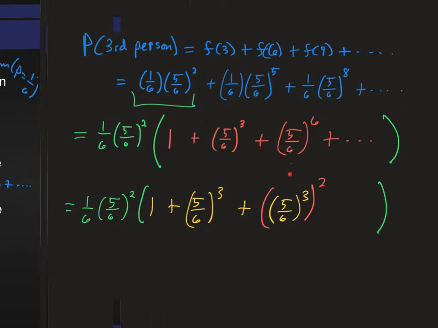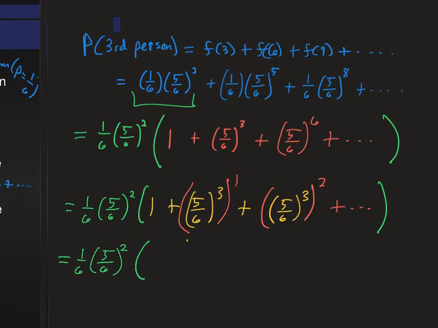The idea is writing this sixth power as a two-step process. First, you've got the 5 out of 6 cubed, and then you're squaring it. And what you'll see is that it's this 5 out of 6 cubed that increases in its power: first power, second power, third power, etc. So we can use our geometric series formula to simplify this.